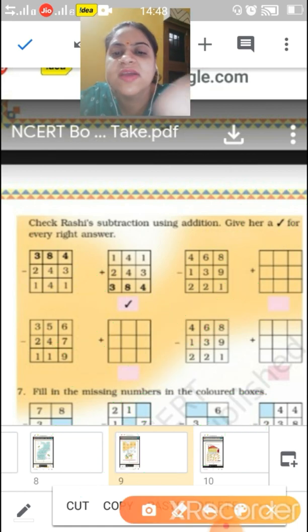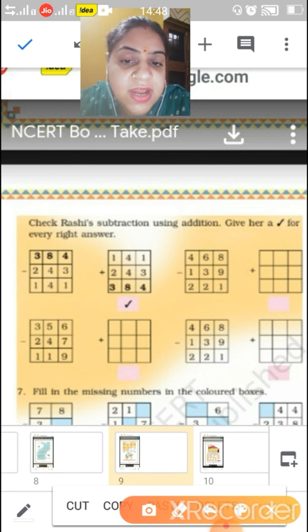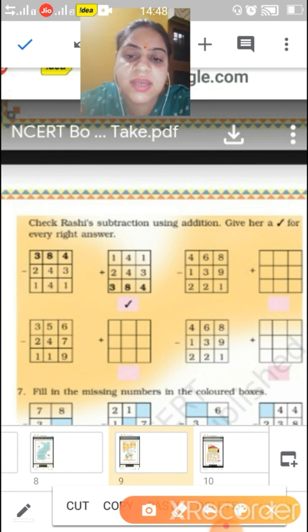Now next, same as what they have done, 356 minus 247, what will we get? 16 minus 7, that is, yes, 16 minus 7 is 8 or 9?